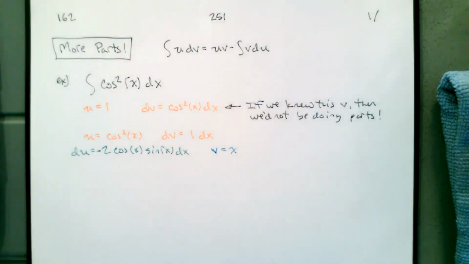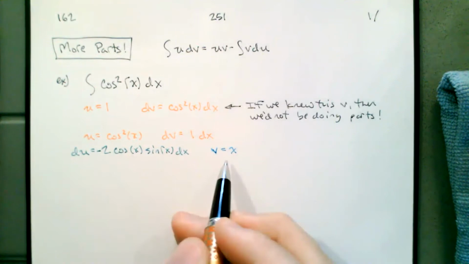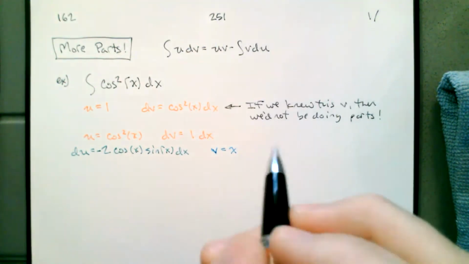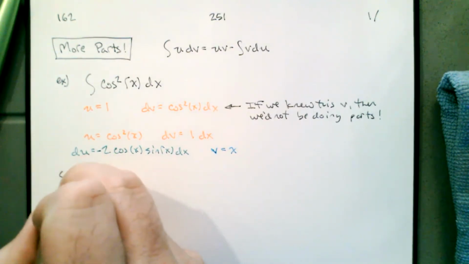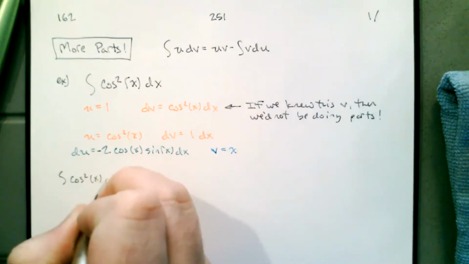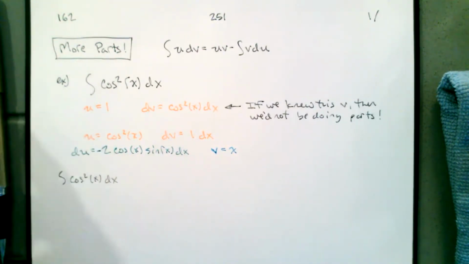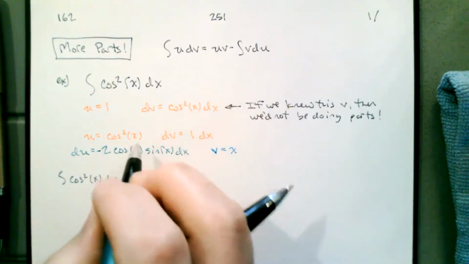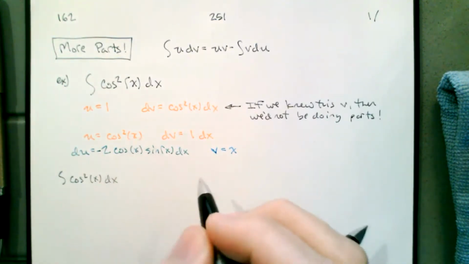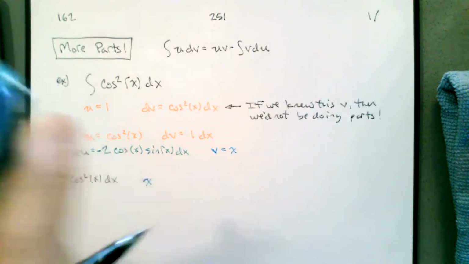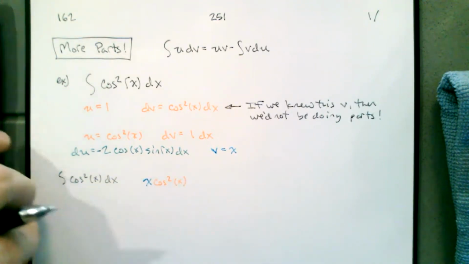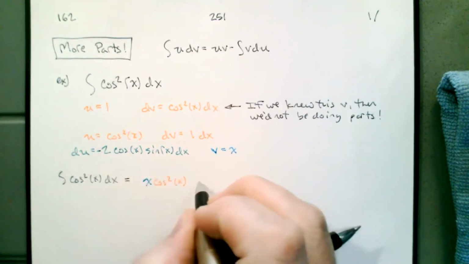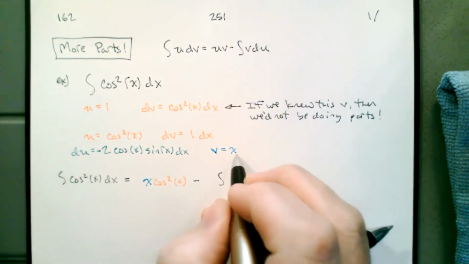Now, if we put this together into the parts formula, uv minus the integral of v times du, I'll have x times cosine squared. I'm going to do this on a separate line. So after doing parts, we do uv, so x times cosine squared x, minus the integral of v times du.